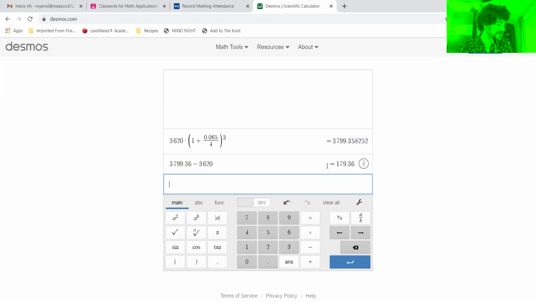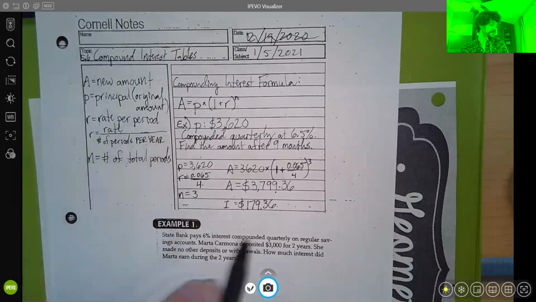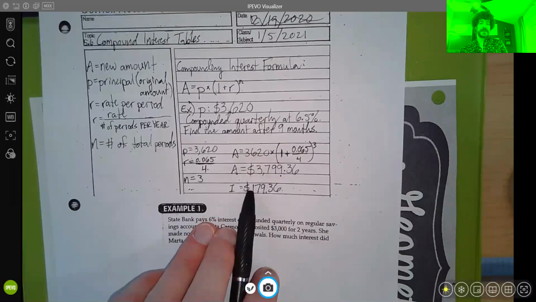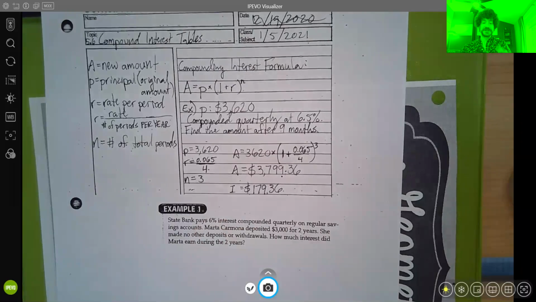You just take the new amount A, subtract the original amount P, the principal value. And that will give you what you need. So there it is. New amount, $3,799.36. Interest amount, $179.36.